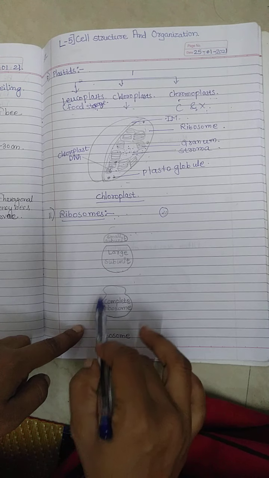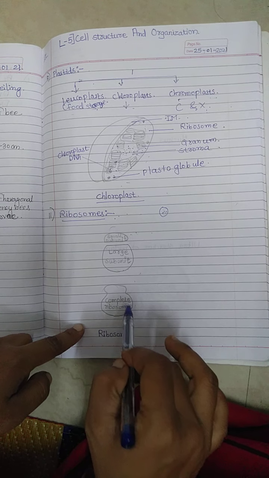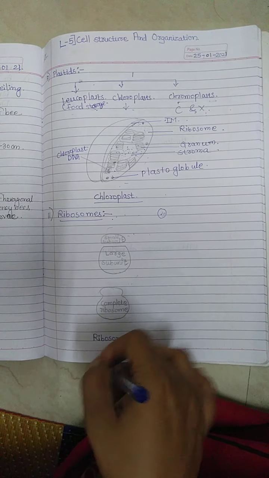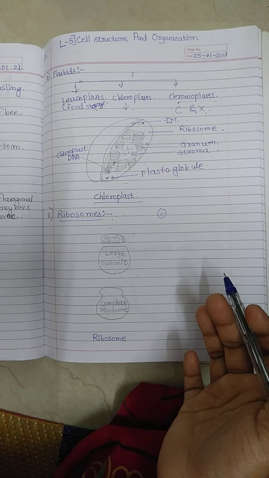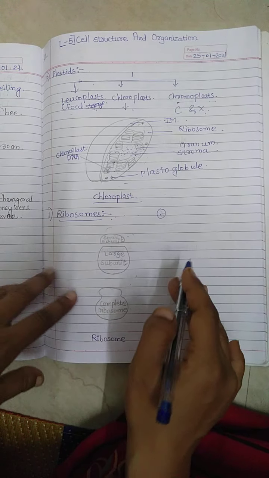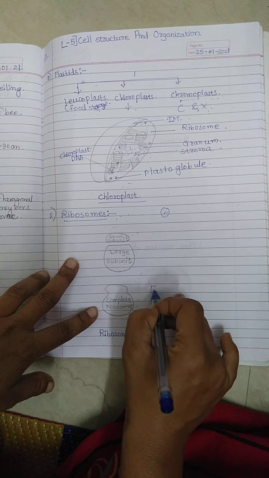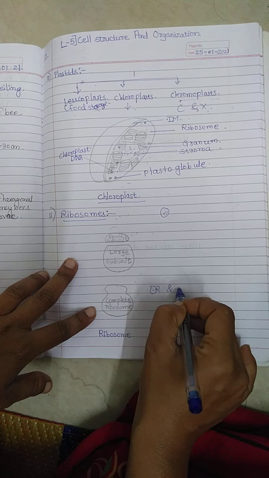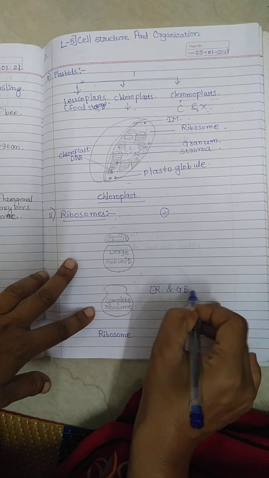This protein from bound ribosomes is transported outside the cell after processing in the ER, the endoplasmic reticulum, and the Golgi body.